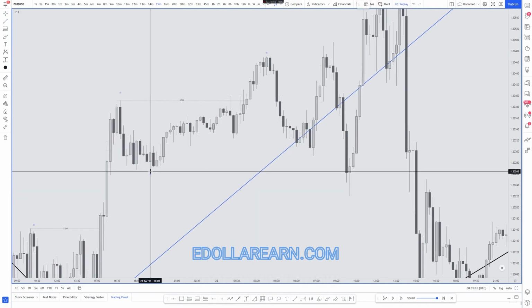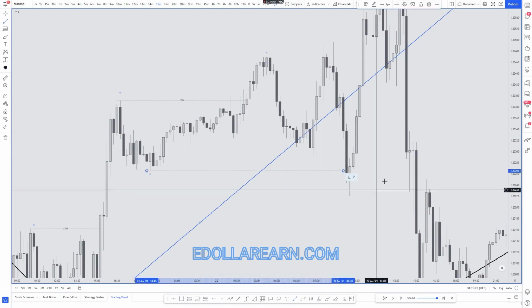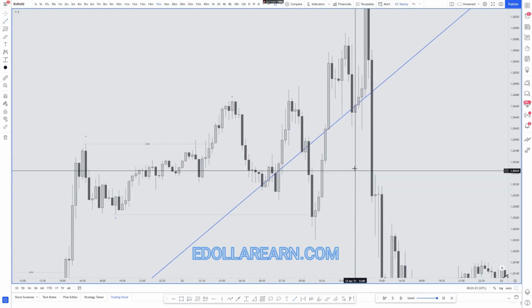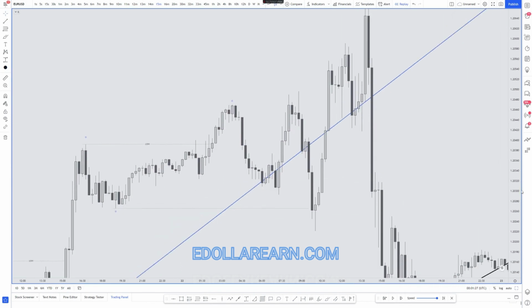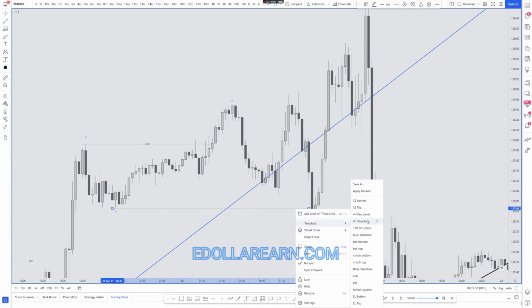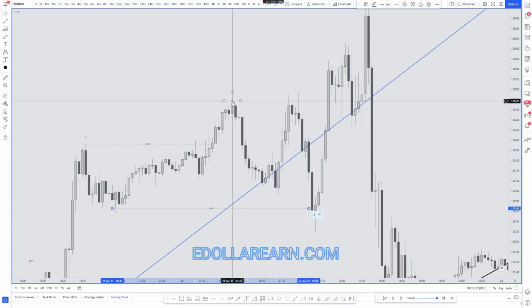We do end up becoming unconfirmed bearish here for a short little while, and just to become bullish again, just to become bearish again. With 15, this is very common, and this is where we will use changes of character and higher time frame market structure to stop the confusion.